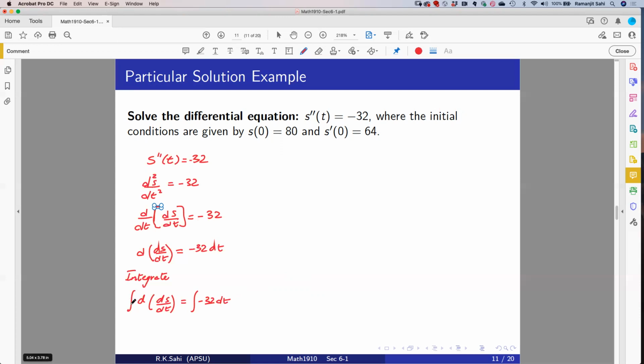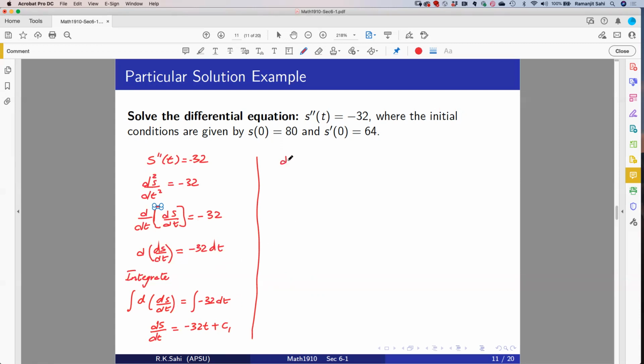Remember, the integral and d cancel out. We're left with ds over dt equals -32t plus c1. Let me write this again, because here we will have to do two times integration so as to get to s.